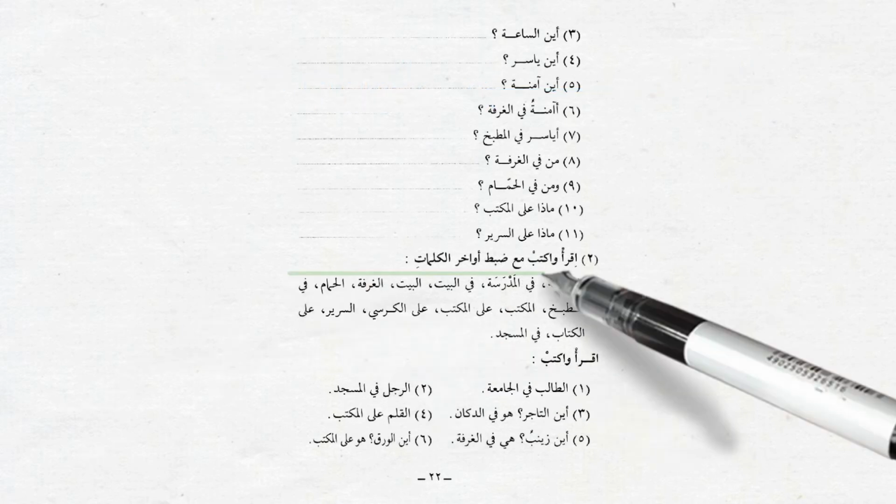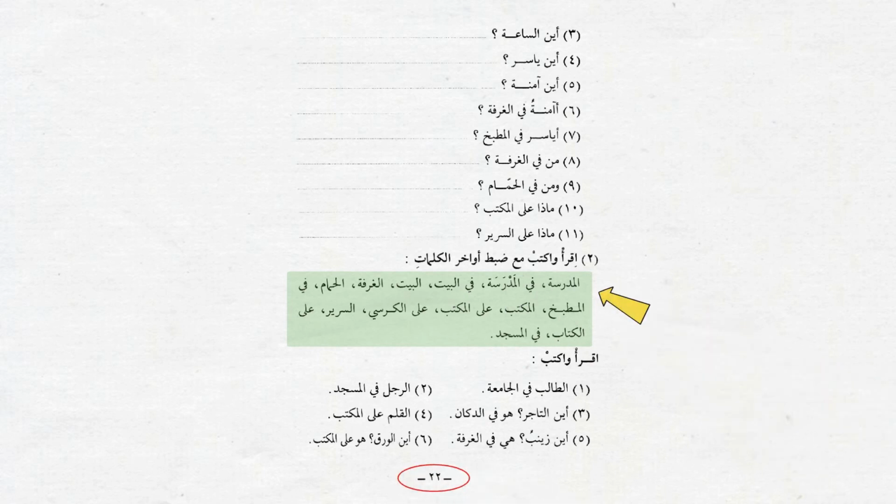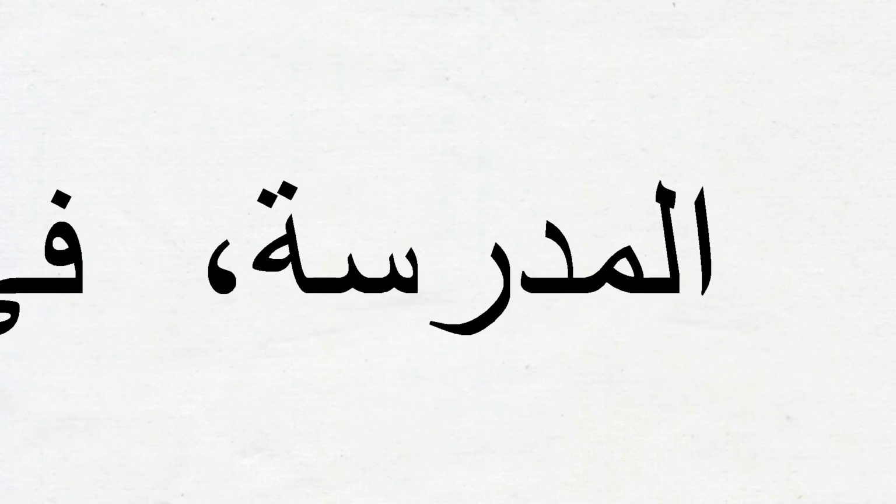I think we are now ready to do exercise 2 in the middle of page 22. In this exercise, we need to be able to read the words and phrases properly with the correct ending. Let's start with the first word. How do I read the first word here? Al-madrasatu, the school. Because it is by itself, it needs to be in its normal marfu' state.